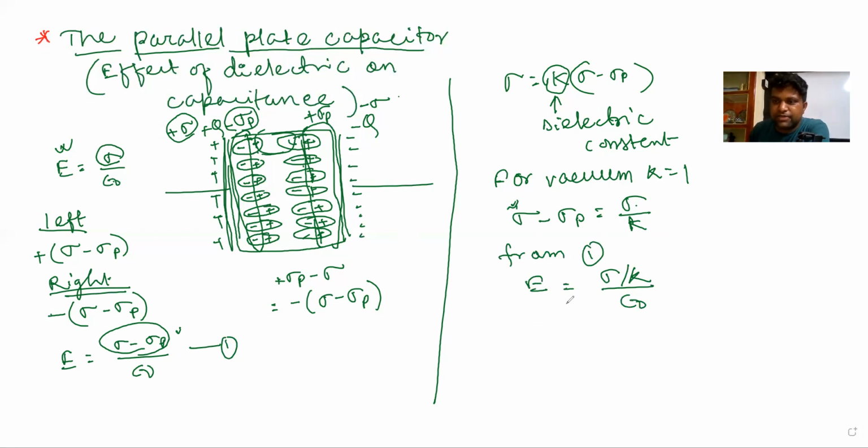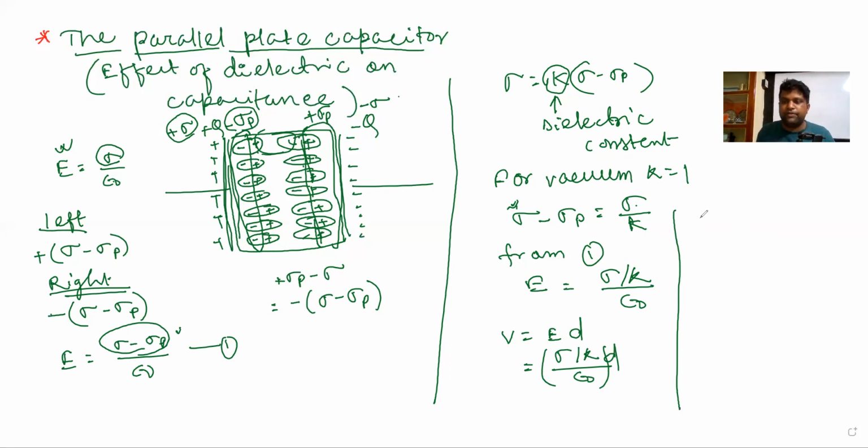Now for the relationship between potential difference and electric field, we know that V equals ED, and E here is sigma by k epsilon naught, so V equals sigma D by k epsilon naught. And our interest is to calculate the capacitance, how the capacitance has been modified from the previous case.